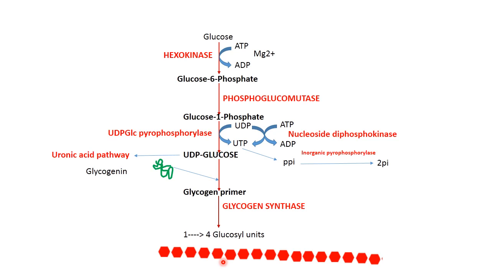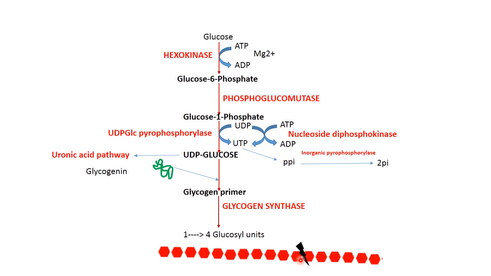end or the outer end of the molecule, so that the chain of glycogen becomes elongated by successive alpha 1,4 linkages. When at least 11 residues are formed, then a branching enzyme acts on this linear polymer.